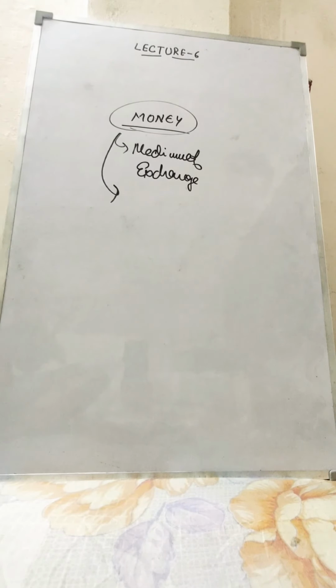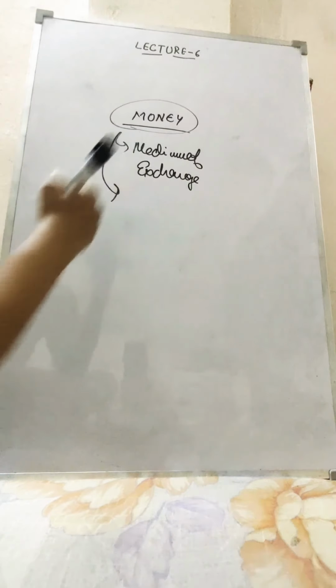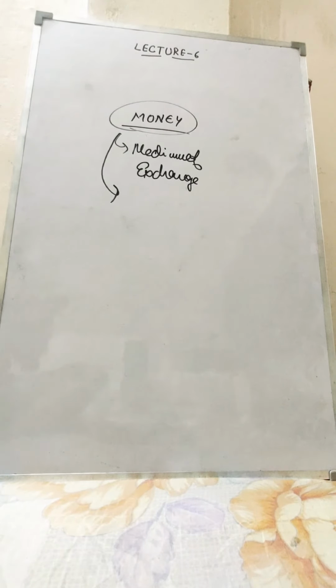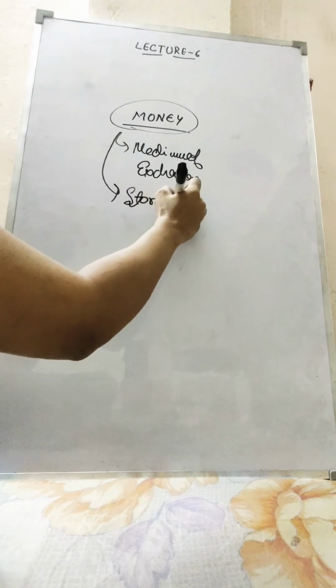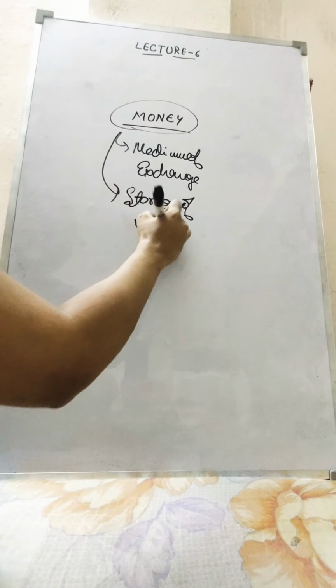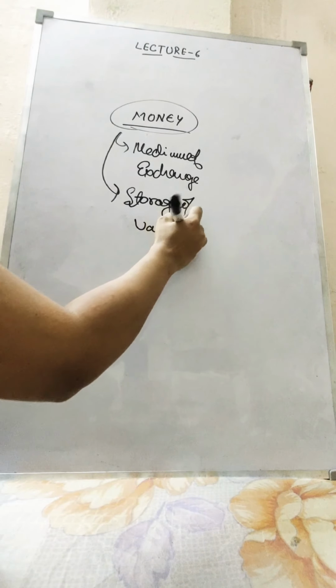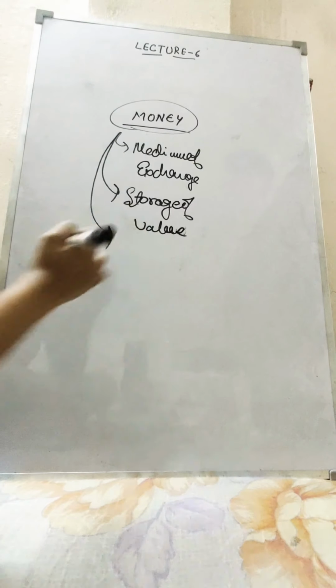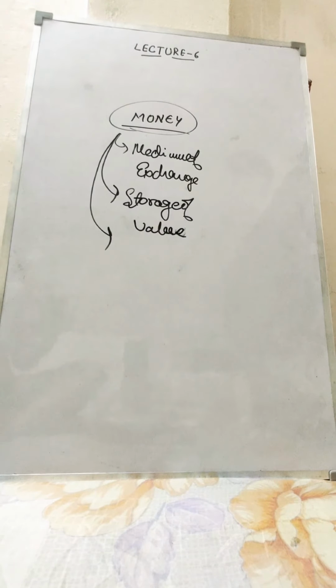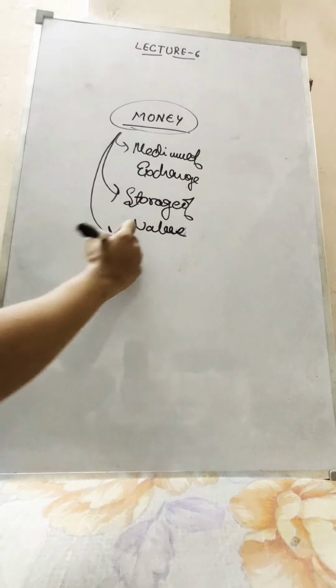So we can say that it can be stored at a particular place, or storage of value we can say. Then we can say that money is actually helping us as a measure of value also.